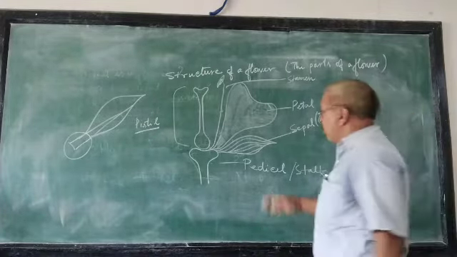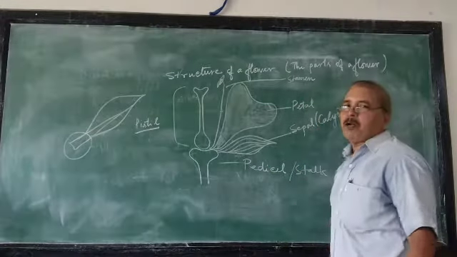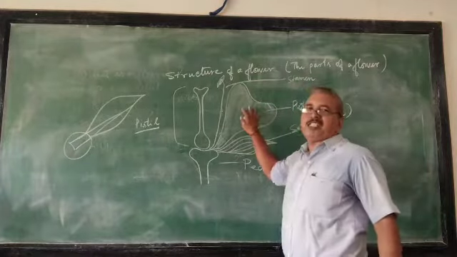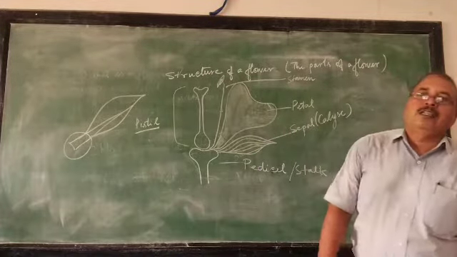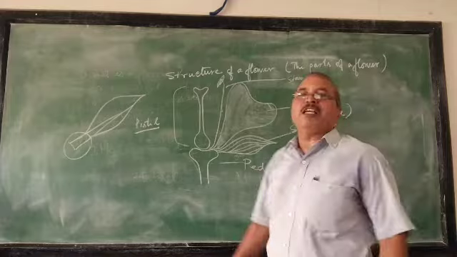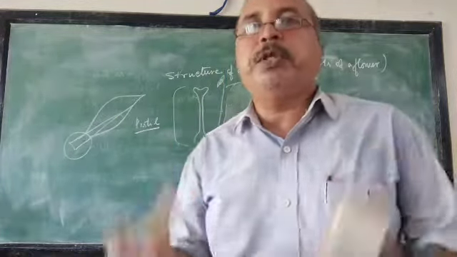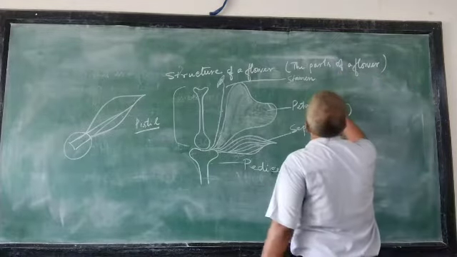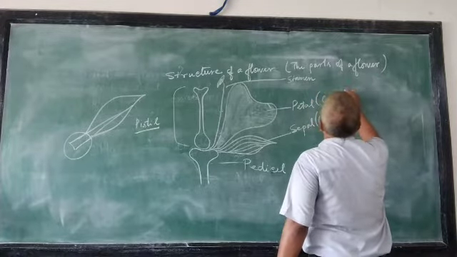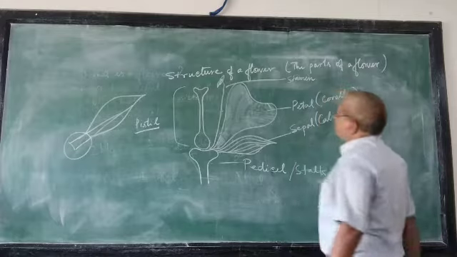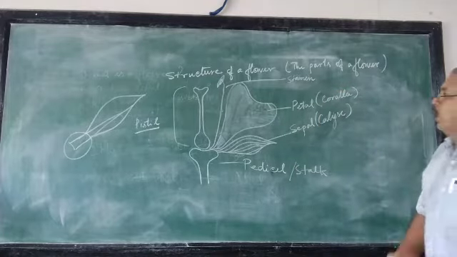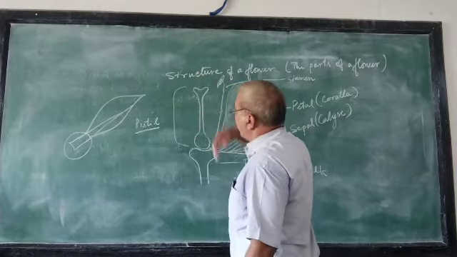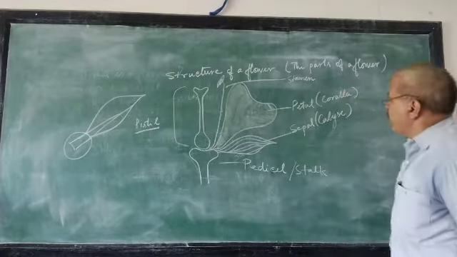Then similarly, the next inner circle, the second circle from outside, is made up of beautiful attractive petals. These petals make the flower look beautiful, right? The whorl of petals is known as corolla. And similarly, the stamens are also present all around, right?